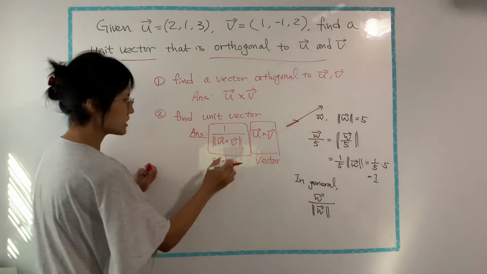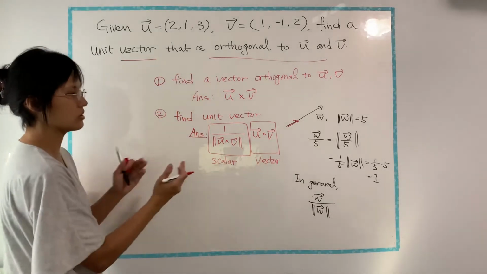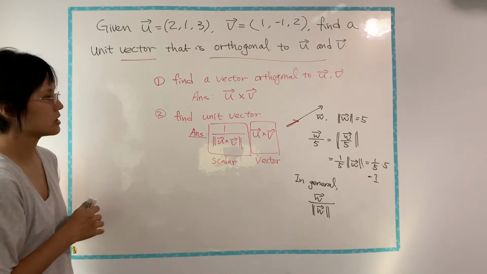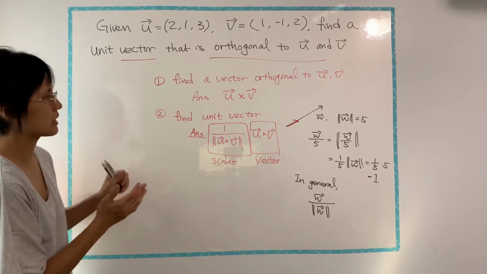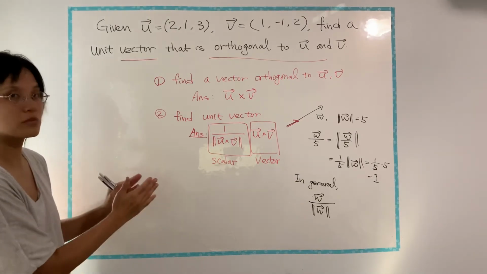So I'm using scalar multiplication to adjust the length of the vector so it has length 1. This is the plan.